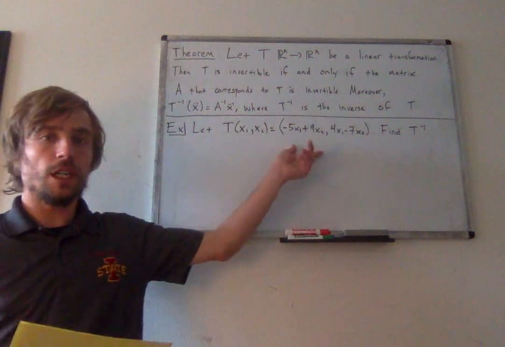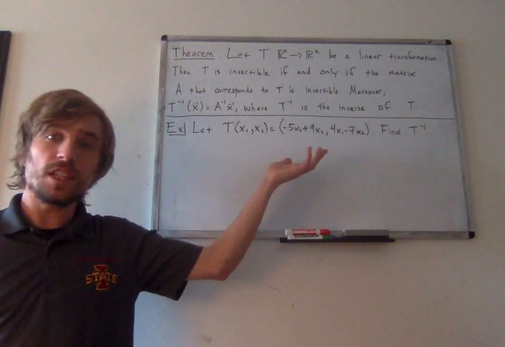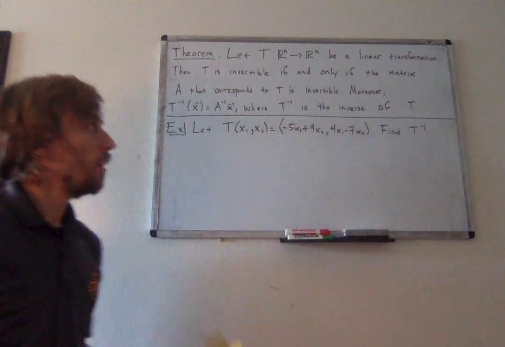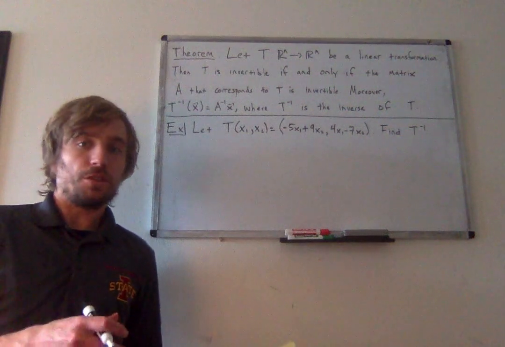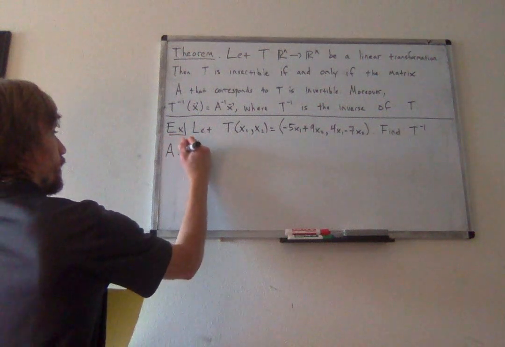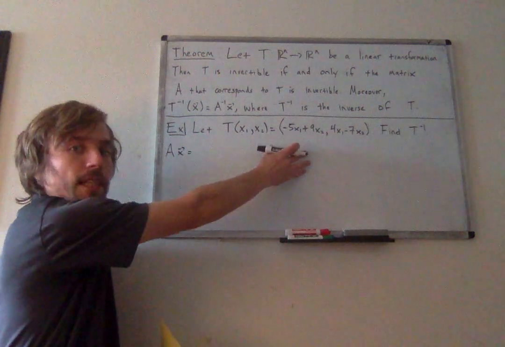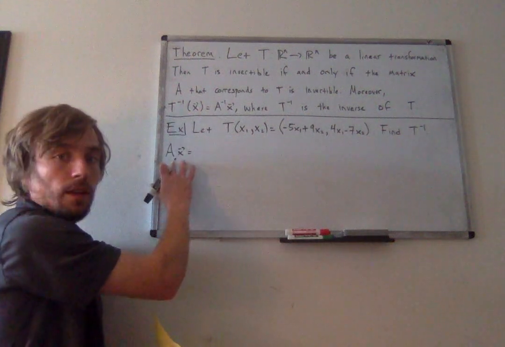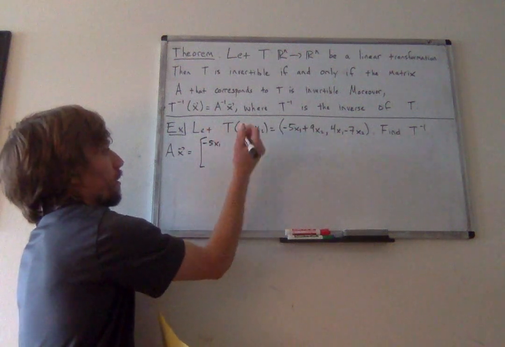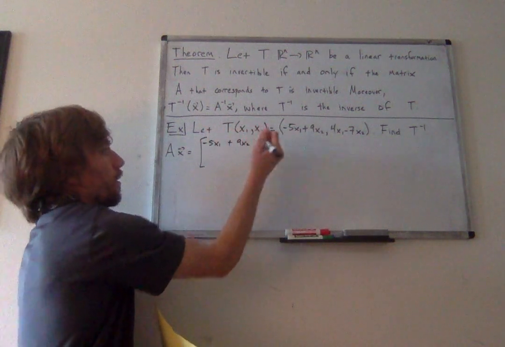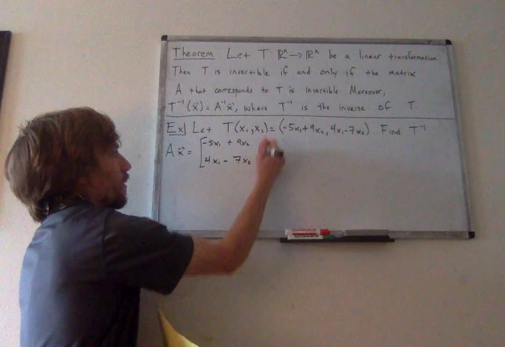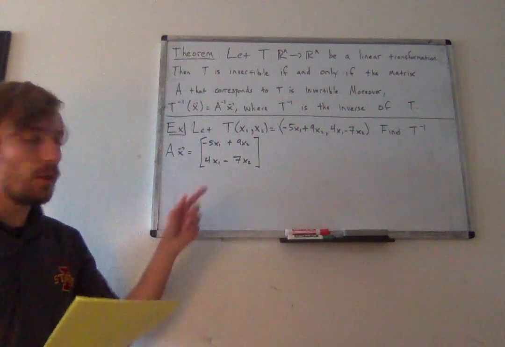If we're given a linear transformation defined in this way, not necessarily as a matrix, and we're asked to find T inverse, we know how to do that now. First, we're going to have to find the matrix corresponding to T. Recall that if T is defined in this way, then whatever the matrix is times x, I should get the following vector.